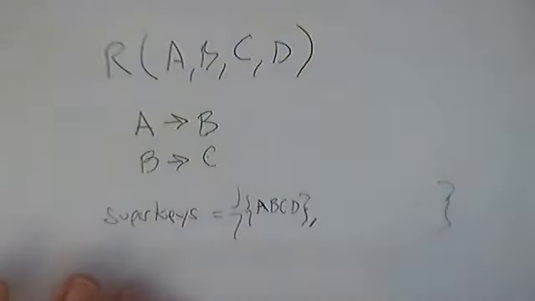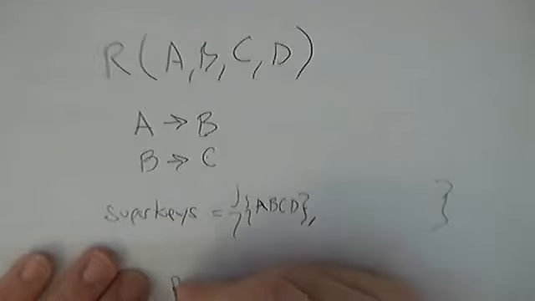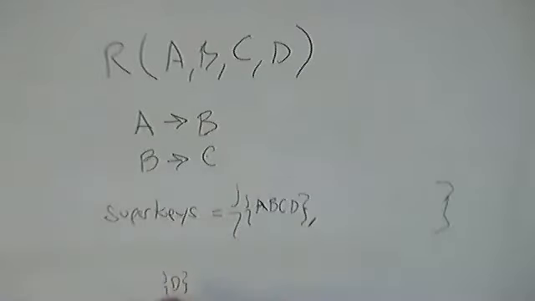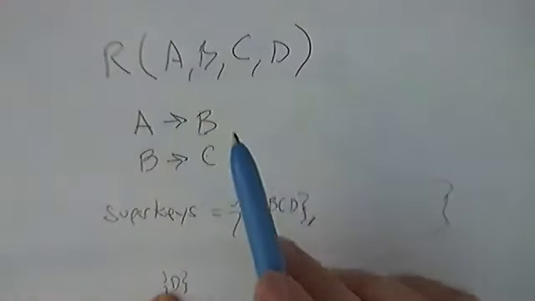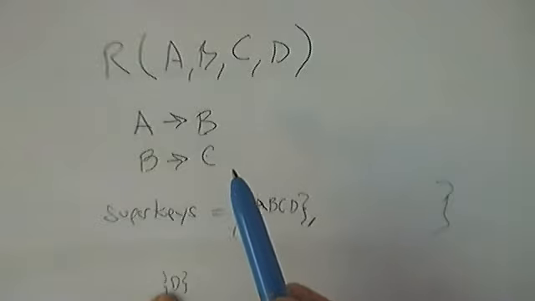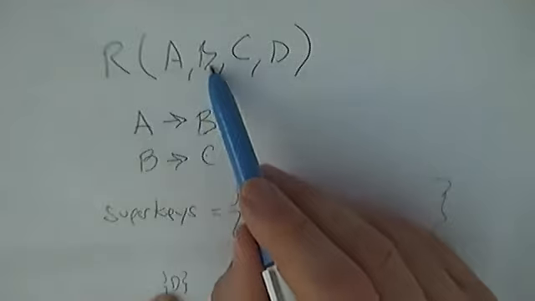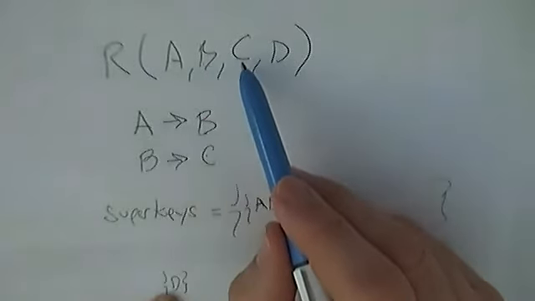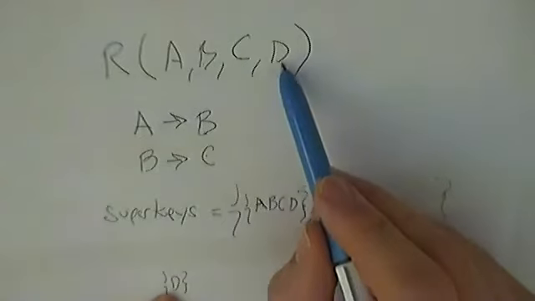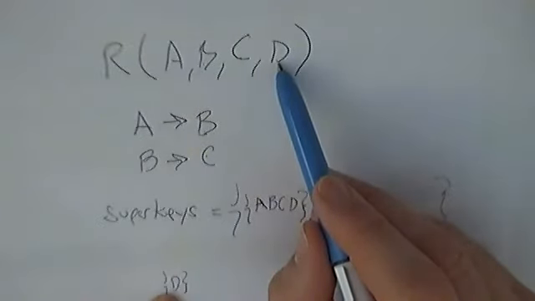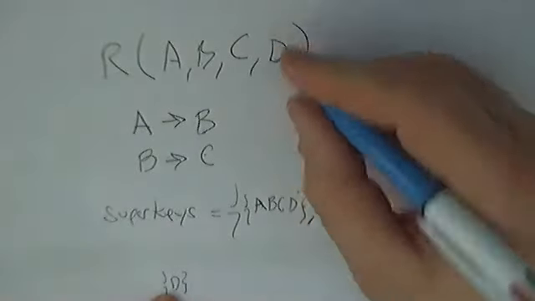I can tell you something that is not a superkey of this relation, and that would be just little d. Because if I get little d here, can I determine all the other attributes of the relation? It's like saying this stood for person number, this is email, and this is name, and D winds up being the color of your hair.